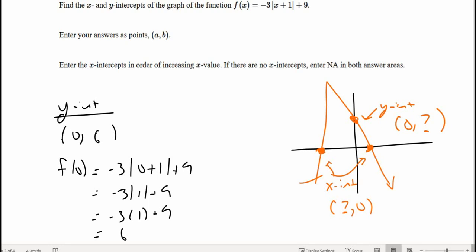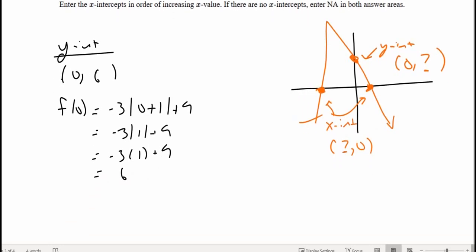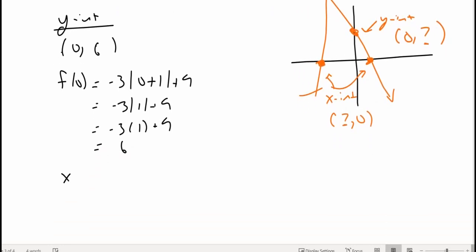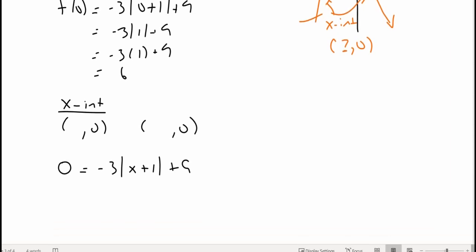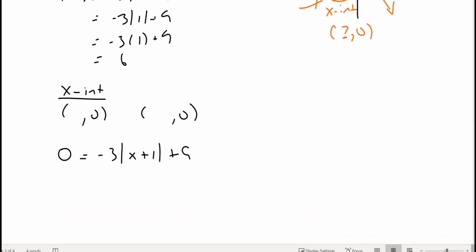Now for the x-intercepts, we know the y-coordinate is going to be 0. So I know I'm going to have the point something, 0, and it looks like I'm going to wind up having 2 of those. And we know y is 0, so 0 equals negative 3 times the absolute value of x plus 1, plus 9. When solving absolute value equations, remember we have to get the absolute value by itself first.